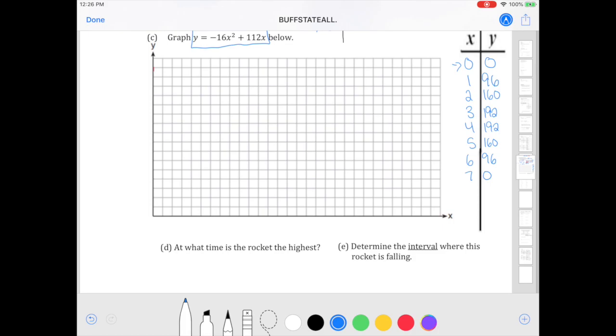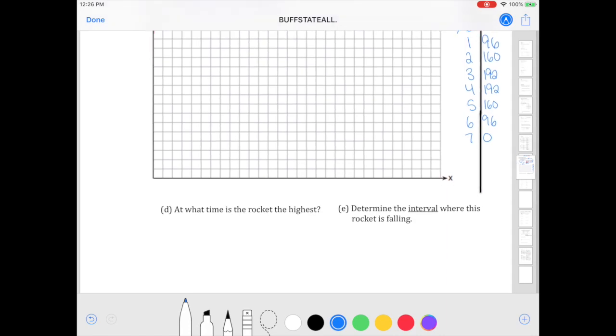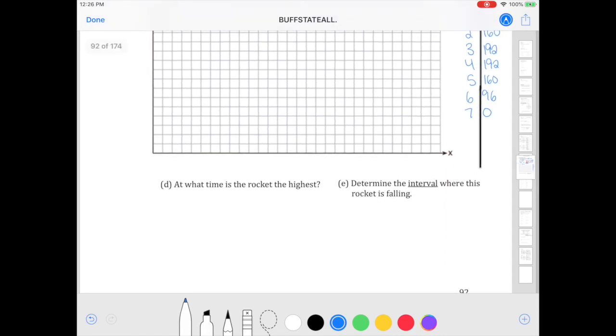If you count it using a scale of 1, so like 1, 2, 3, 4, 5, 6, 7, you're not going to use much of the grid space, and it's actually going to be harder to plot. You want to try and spread your numbers out as best as you can. This one actually works out perfectly if you go every 4 boxes as 1. So every 4 boxes is just increasing by 1 value.